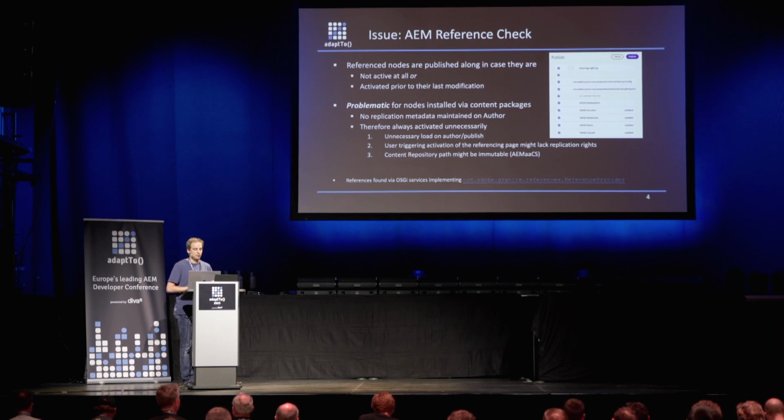It's very easy to shoot yourself in the foot here. And there are the other cases where the user does not have the necessary permissions to replicate stuff which is not below /content, like the content policy mentioned here, or context-aware configurations, which are at the top of the screenshot.